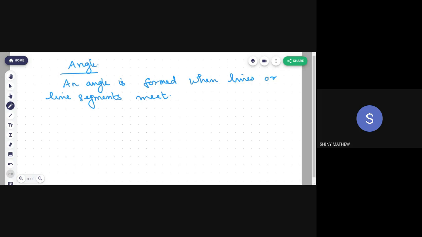An angle is formed when lines or line segments meet. Below you can show the angles this way.